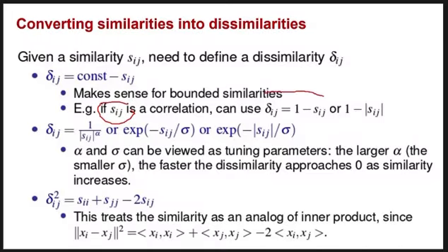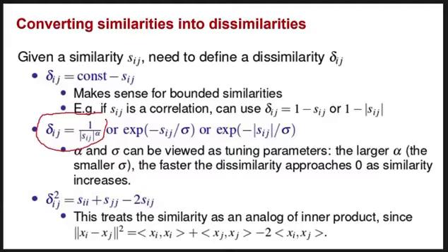If I use a constant 1 minus Sij, where Sij is a correlation, that will give me a dissimilarity. And I said the other time, a similarity measure can be negative, correlation can be negative. I need to find the absolute value before I subtract from 1. Does that make sense?